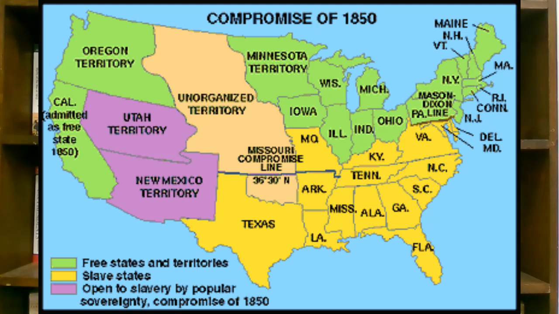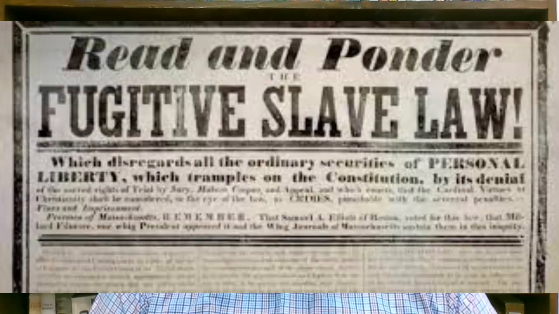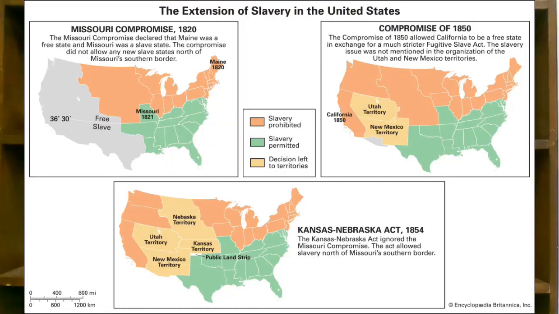So after the war was over with, and after you have the treaty, you're going to have a compromise, if you will. It is called the Compromise of 1850. The Compromise of 1850 settled some issues, most notably the reinforcement of the Fugitive Slave Act, but sentiments would soon change in 1854 with the Kansas-Nebraska Act.